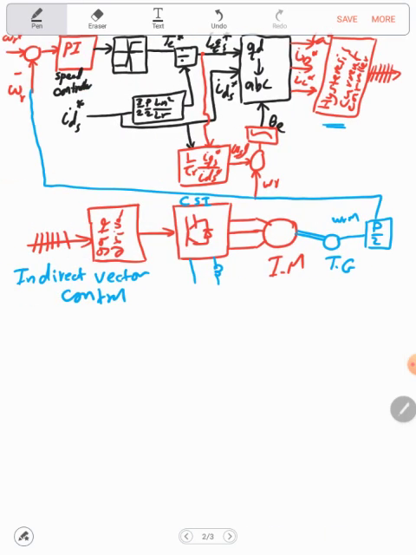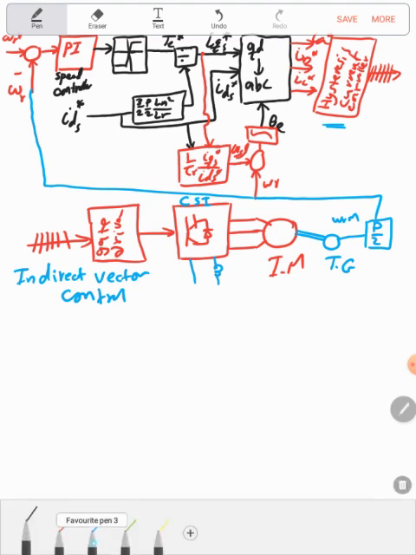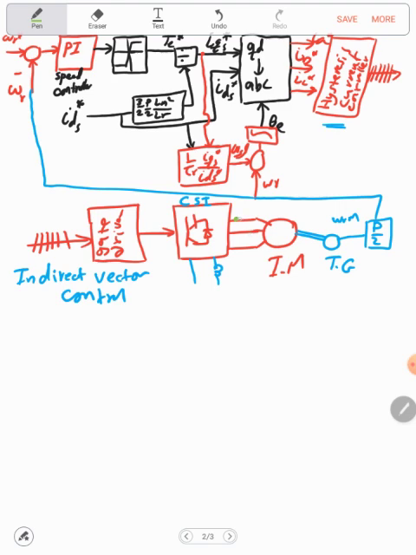Simply here we can compare I star of I with I of I, the actual current, where the actual current we need to measure and feed it back here, by the way. So simply here we can measure the current.